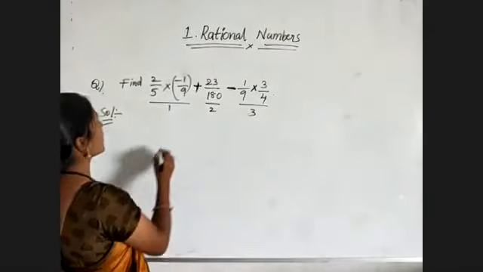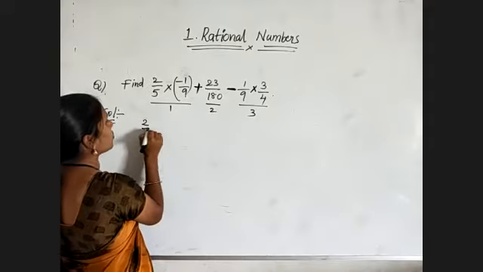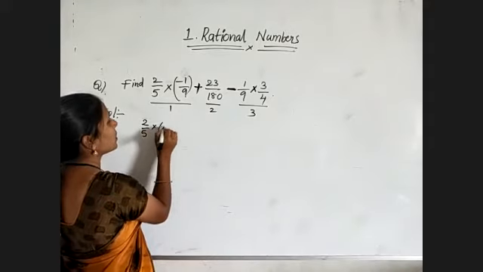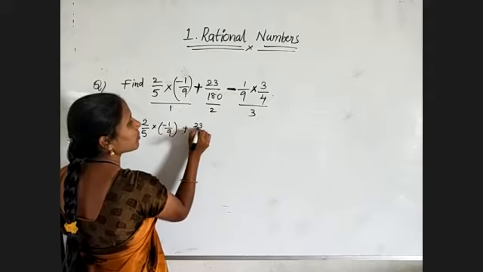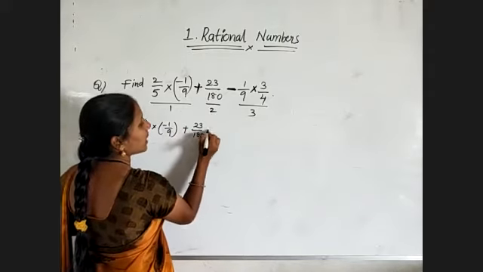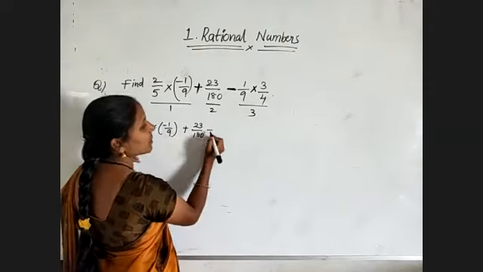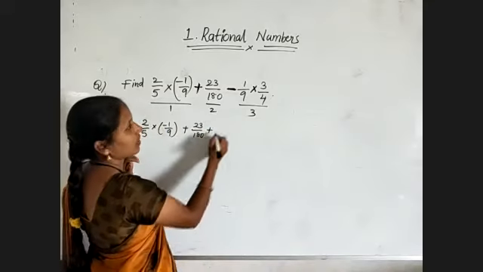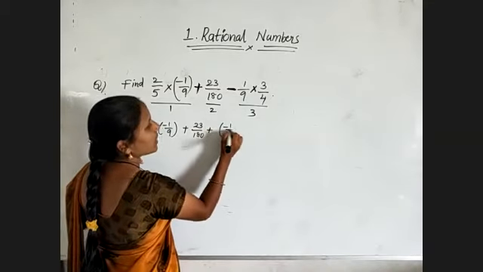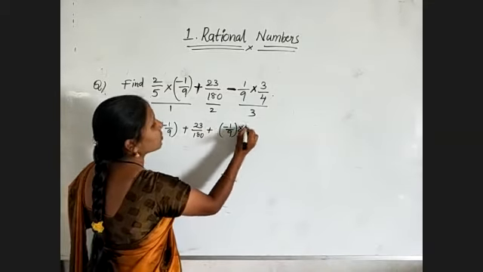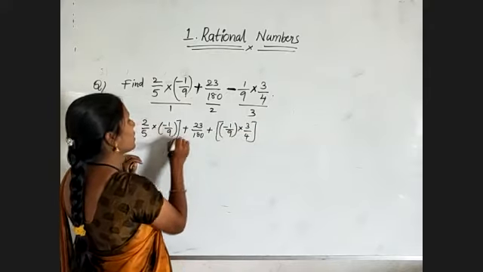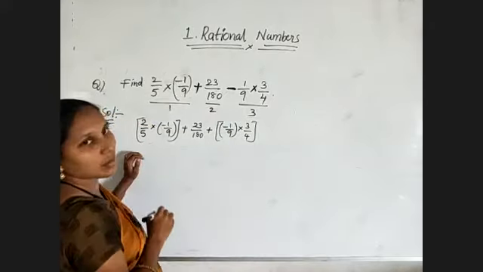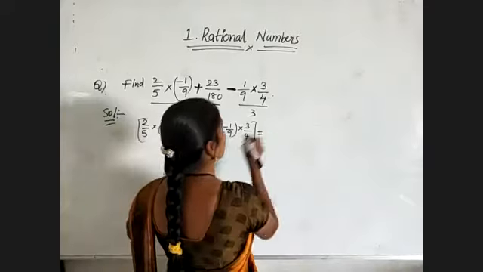So I am writing 2 by 5 into minus 1 by 9 plus 23 by 180 minus, and minus I am writing as plus of minus 1 by 9 into 3 by 4, using the bracket.